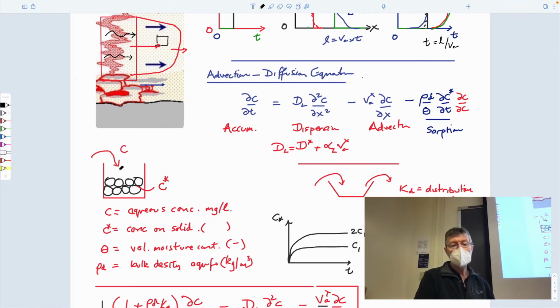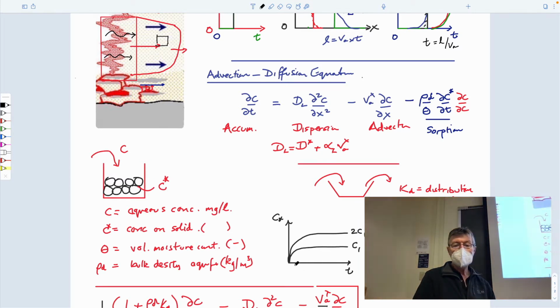And so it comes in here, and you put it in contact with this aquifer, say it's quartz, and you leave it in there so that the solute that's dissolved in the solvent, the water, sorbs onto the outside of these grains. And so the equilibrium concentration on these grains is given by C star.